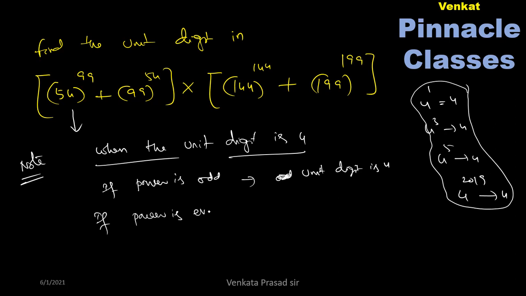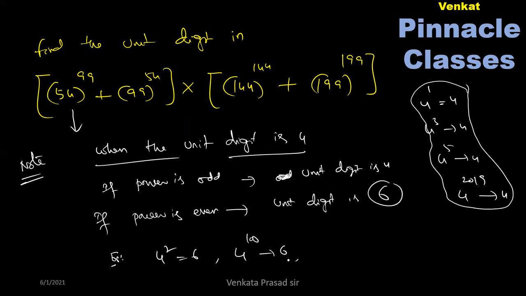If the power is even, then the unit digit is 6. Example: 4 square, 4 power 100, 4 power 2020.